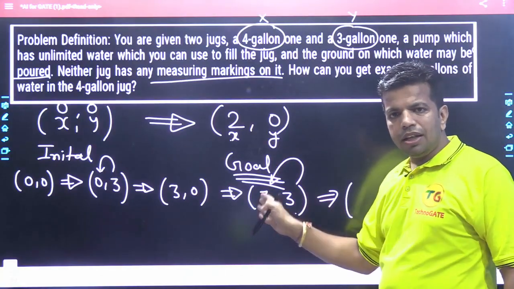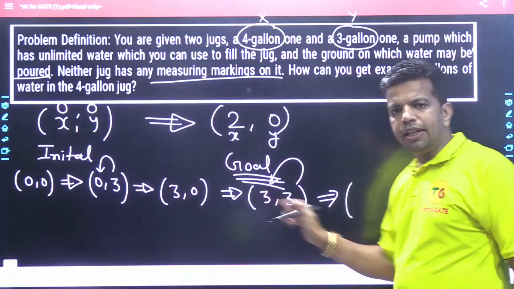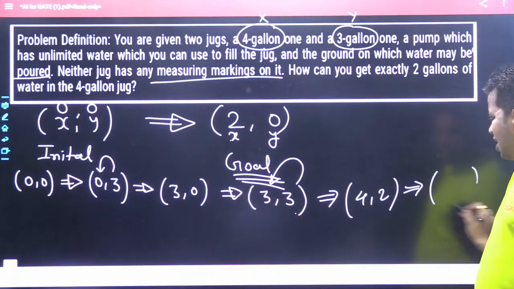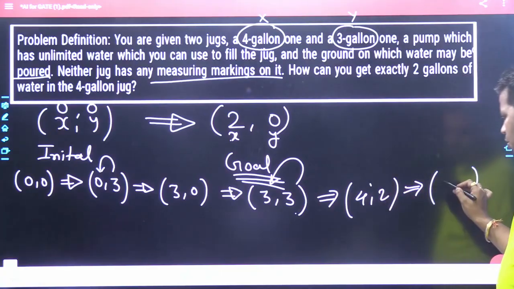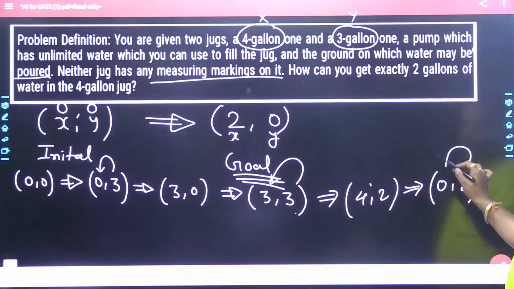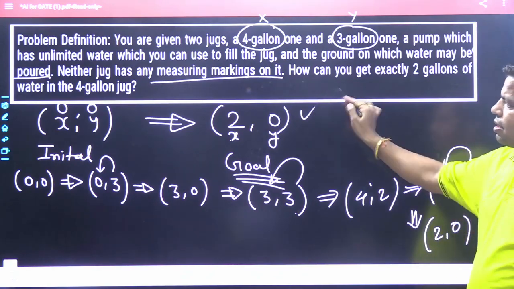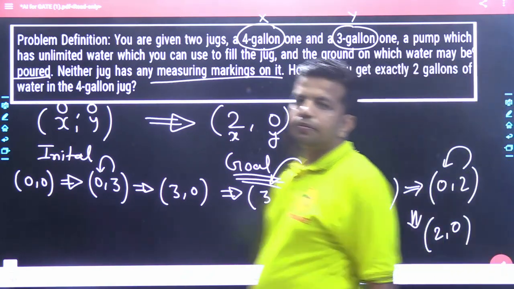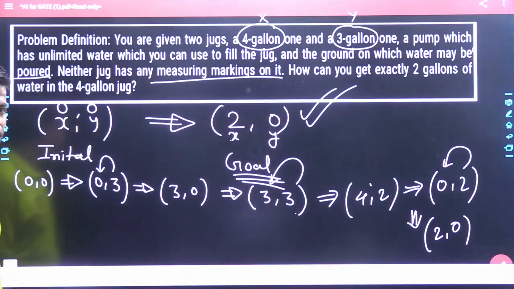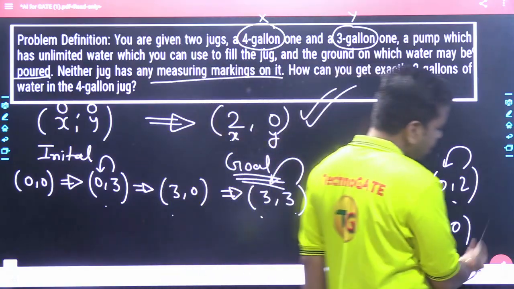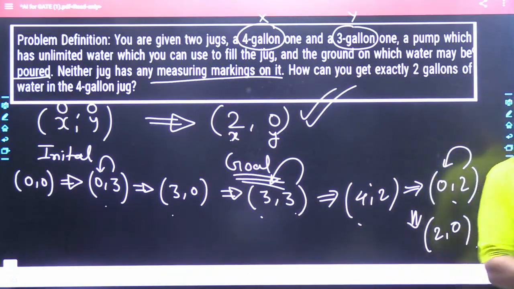I fill the first one completely, so it becomes 4 and 2. Now just drop this water on the ground. Now send this 2 liters to the first one. You can see you reach the destination with the minimum number of moves: 1, 2, 3, 4, 5, 6. So in 6 steps you can reach the final solution.